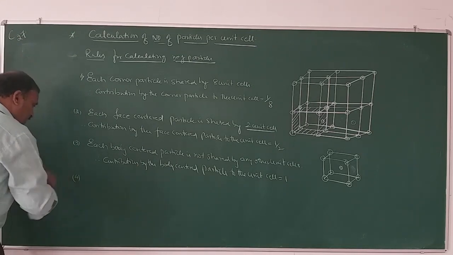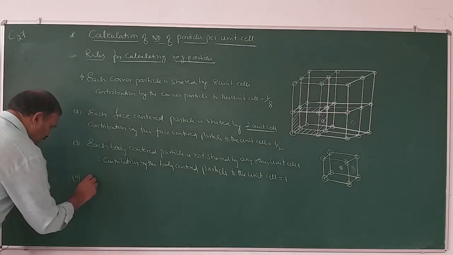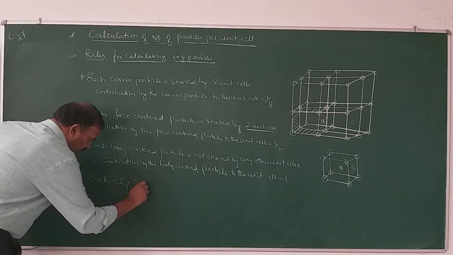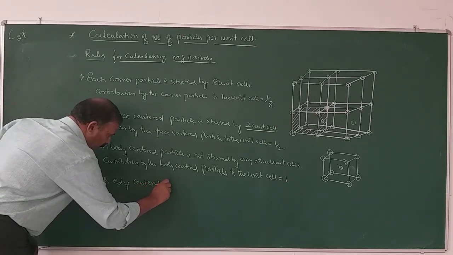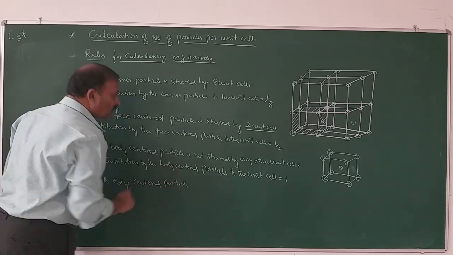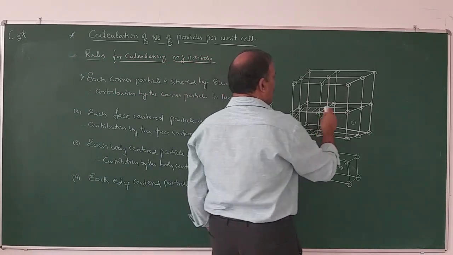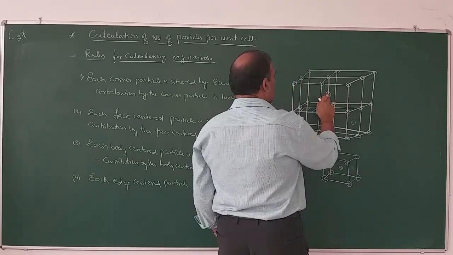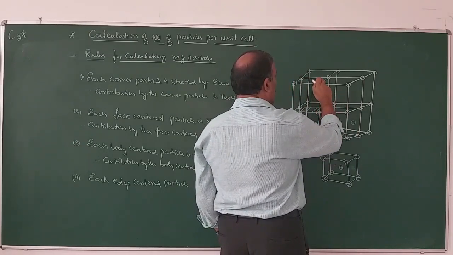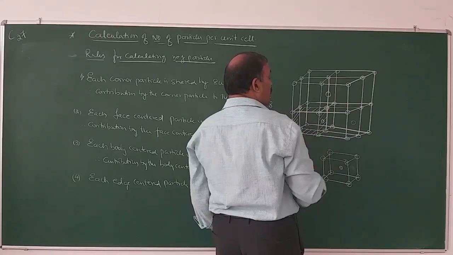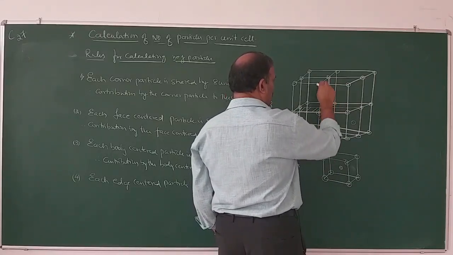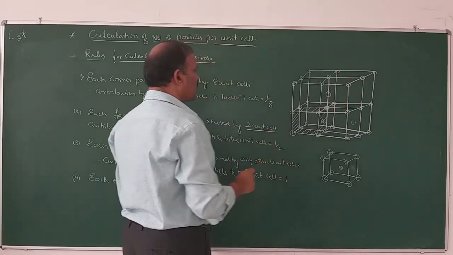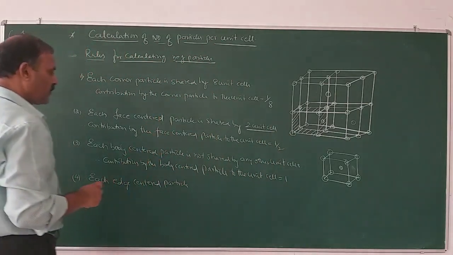So lastly, this is an extra information. Each edge-centered particle, suppose there is a particle at the center of the edge, this edge-centered particle is shared by 4 other unit cells. Therefore, contribution by the edge-centered particle to the unit cell is 1 by 4.